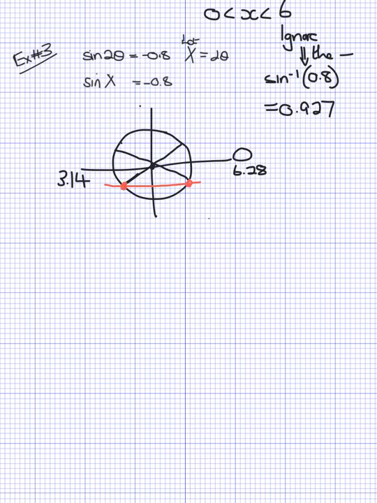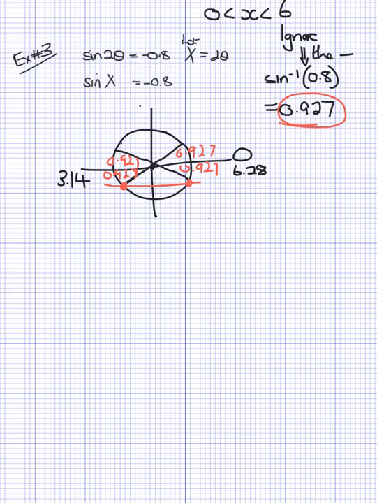How do we work out what that is? We've got sine of x equals 0.927. That means in here, that's 0.927. By symmetry, that bit is 0.927, and that bit is 0.927. So that's a bit messy. But how are we going to work out what angles we have then?